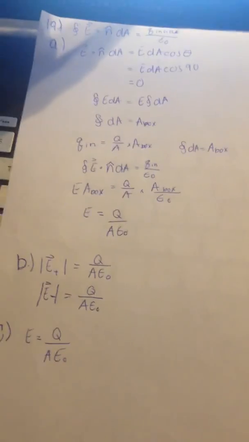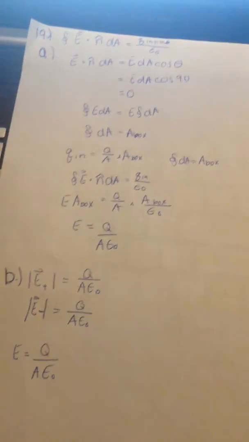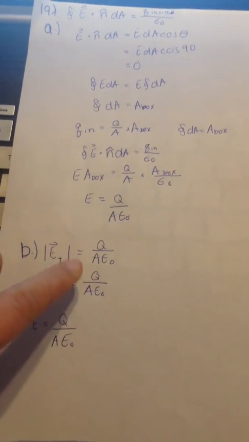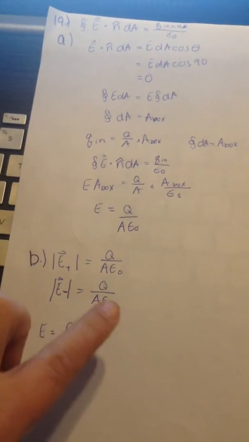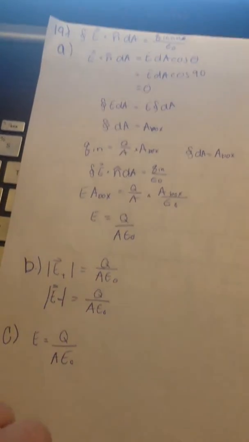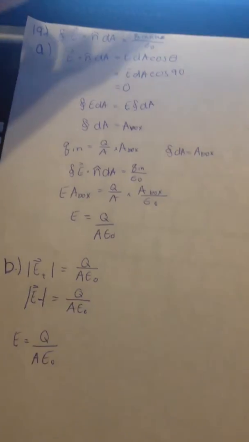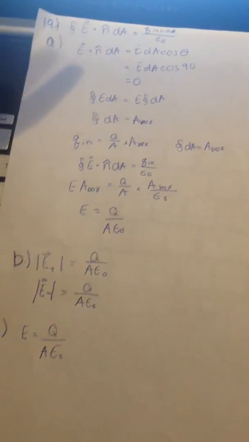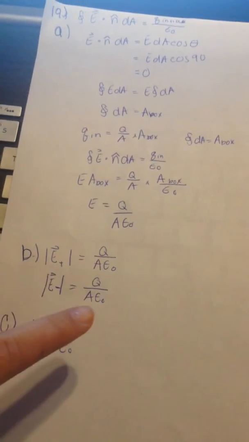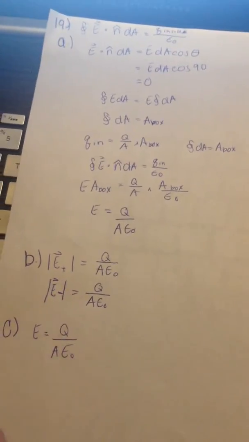We know that the electric field due to the negatively charged plate is going to be given by Q over A epsilon naught, and Q over A epsilon naught for the positive charge as well. And we know that the electric field in region 2 within the plates is constant. We see that from right here because they are the same.